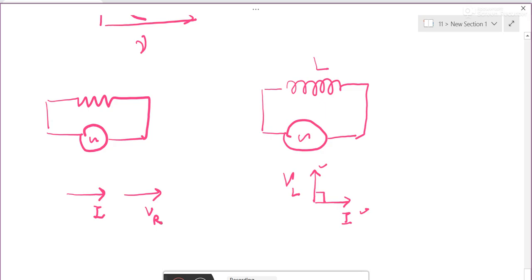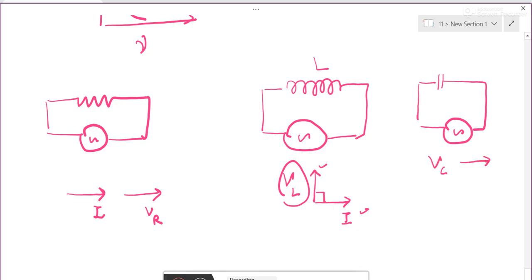This is voltage across resistor. It is in the same phase. And in an AC circuit containing capacitor only, voltage lags. So voltage across capacitor lags. Okay? So how would you show? That current is here and voltage is lagging by 90 degree.